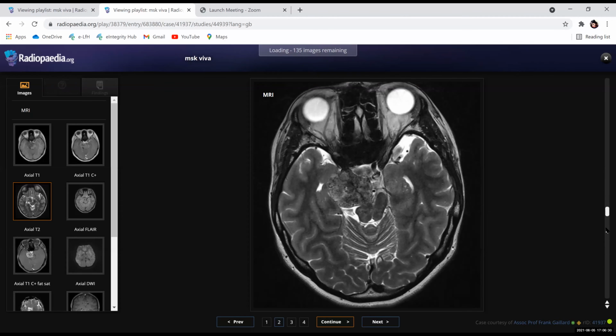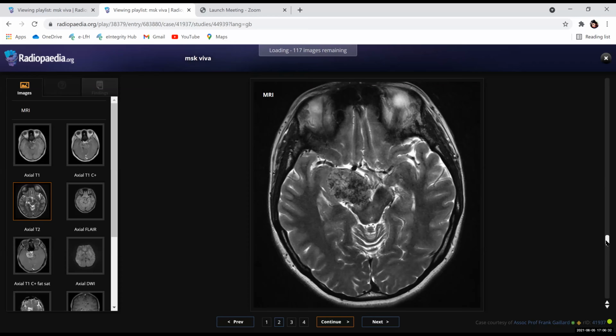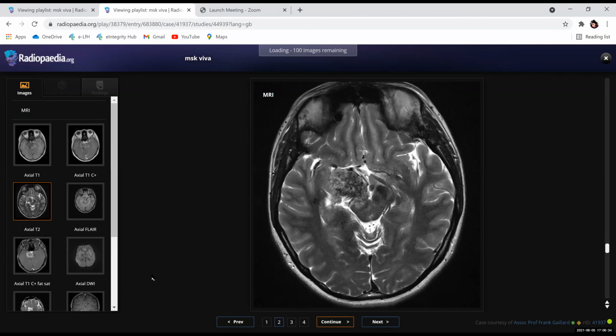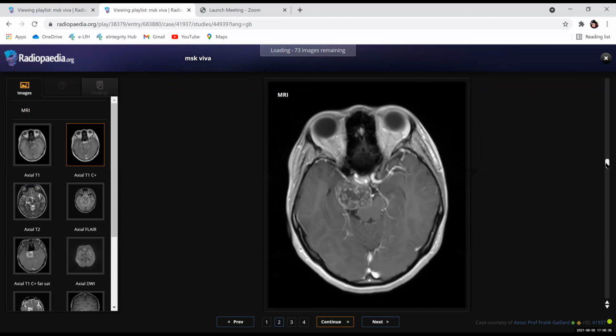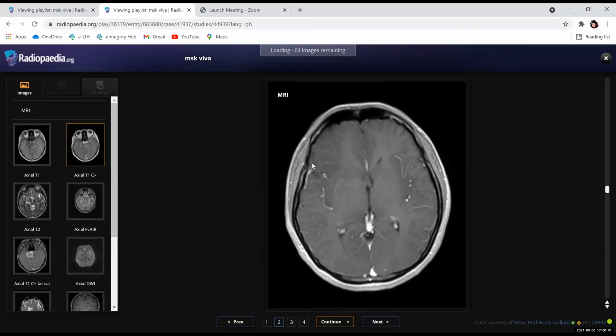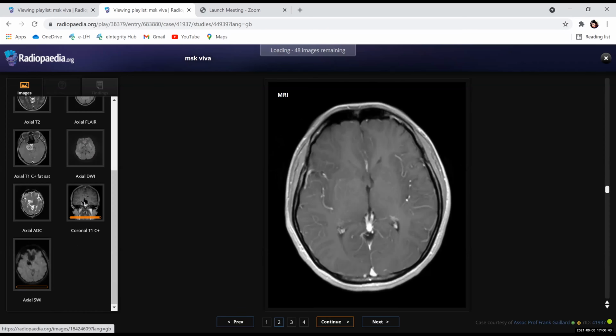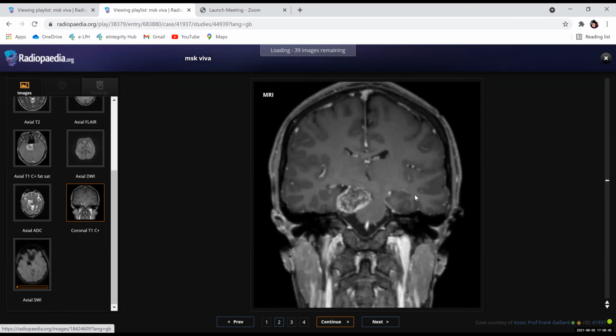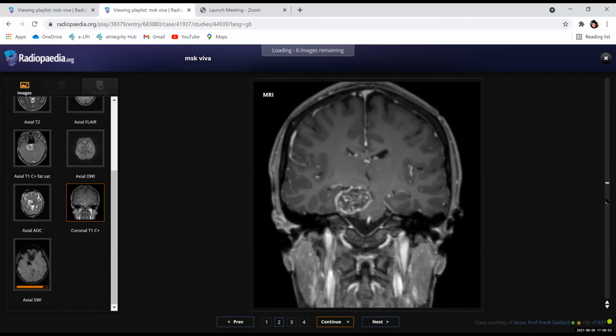I look at the contrast images. I think it's contrast enhancing. If there are any sagittal or coronal images, I would like to see whether it is originating. In the coronal, it's peripherally enhancing and it is compressing.